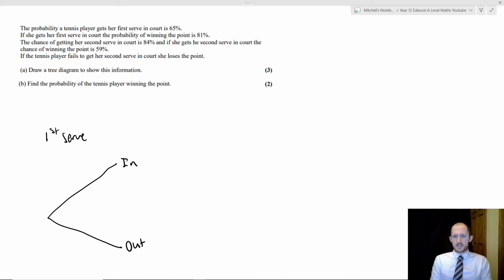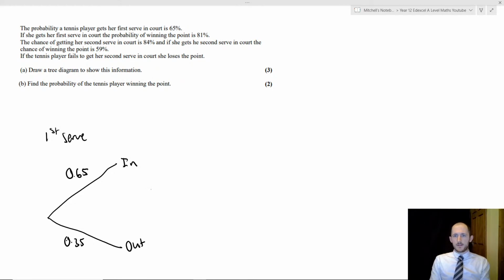Probability that she gets this is 65%. And remember that they need to add up to 100 or 1. So instead of a percentage, I'm going to write it as a decimal, because we don't really calculate with percentages anymore. So then that must be 0.35, because across branches, they should add up to 1.